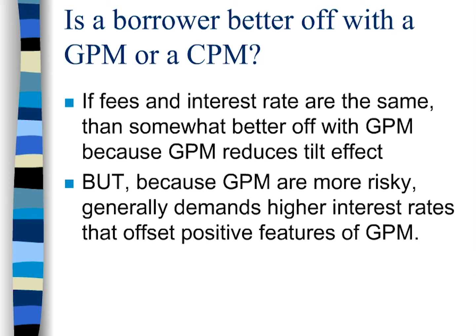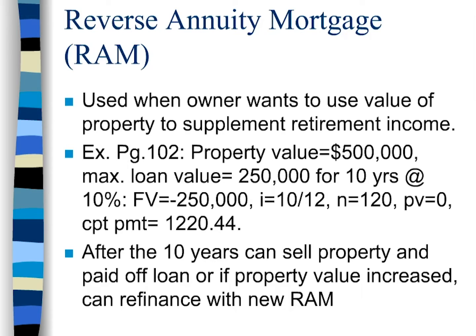But generally, because graduated mortgages are considered more risky due to the negative amortization, and anything with more risk is going to require a higher return, in most cases it would be a higher interest rate or some kind of higher costs or prepayments to offset those positive features. So you'd have to look at the two of them and put it into perspective of how long you were going to stay in the mortgage and come up with what was the best fit for you. But you couldn't just say across the board, unless everything was equal, interest rates, fees, and so forth.